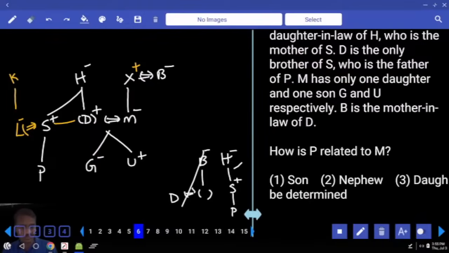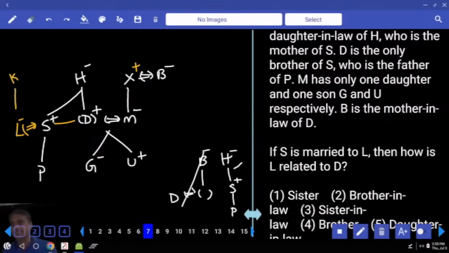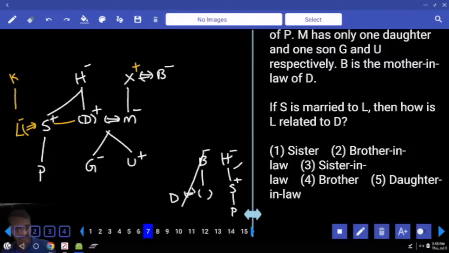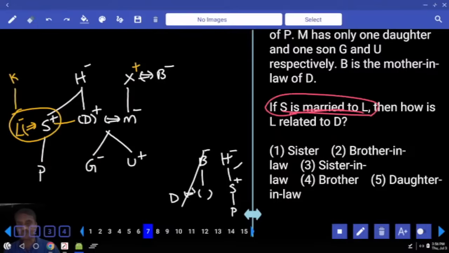The next one, now question number 7th one. S is married to L. That means this information is only for this question itself. Clear? Now S is married to L. Then how is L related to D? Now this information you need to take only for this question. The information given in this question cannot be used for the other questions.